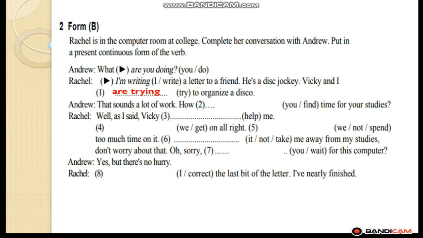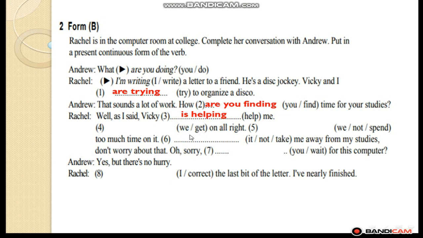Okay, Andrew, that sounds like a lot of work. How, between two brackets, "you find" time for your studies? So the answer will be, how are you finding time for your studies? Rachel: Well, as I said, Vicky is helping me.